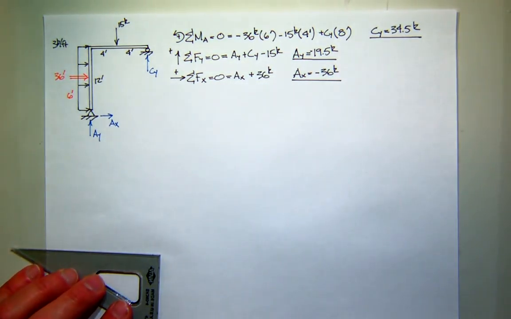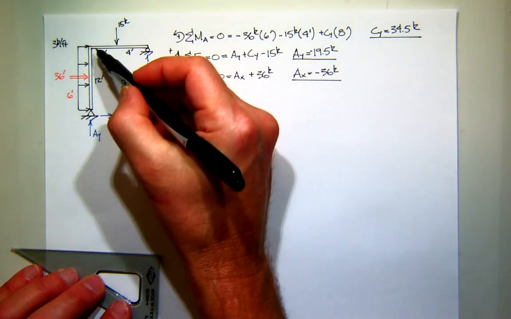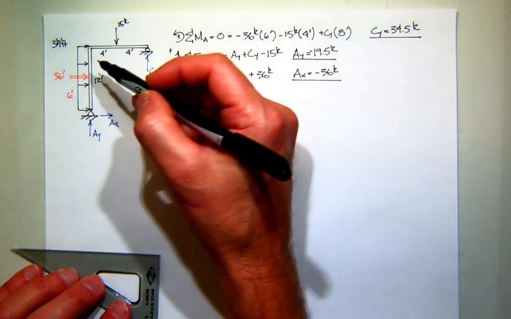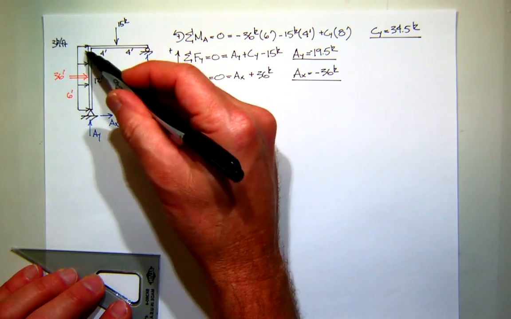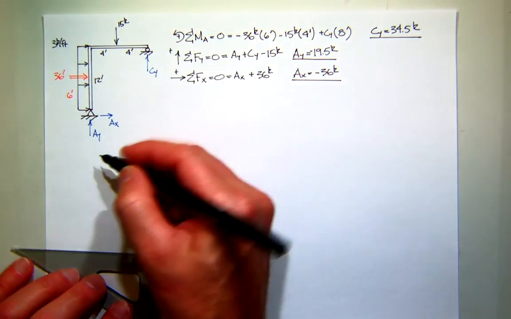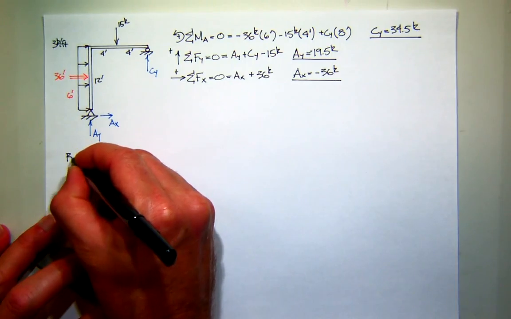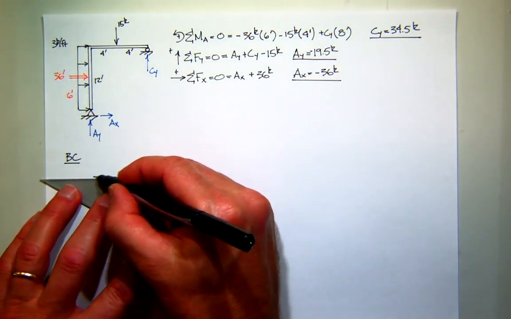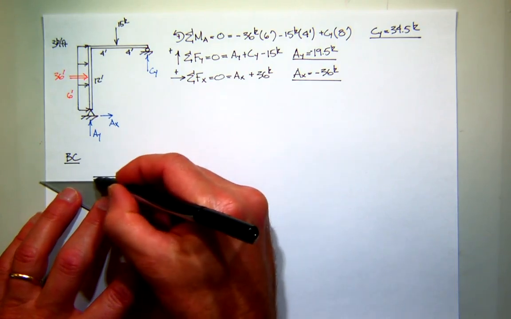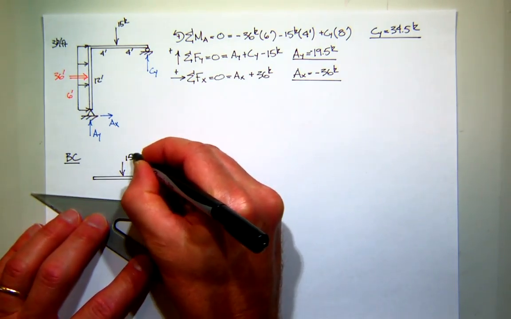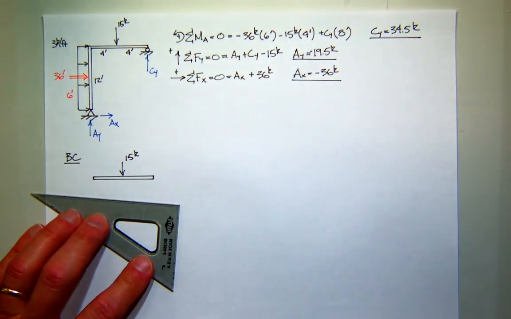Any questions about that? So we need to break it apart here at B, and you can either work AB or BC. I'm going to suggest BC will be simpler. So I'm going to come down here and do section BC. So I'll redraw that. I have the applied 15 kip force.